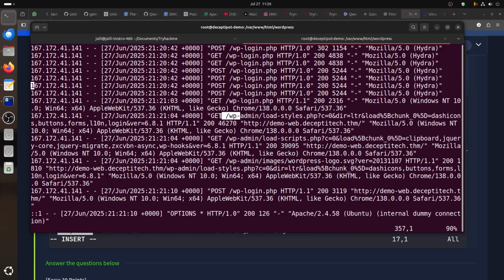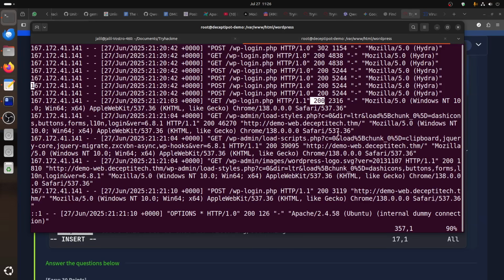It should be a redirect. Why is my redirect wp-login 200? I can't see. Or maybe I don't see, because if you log in, it redirects you.